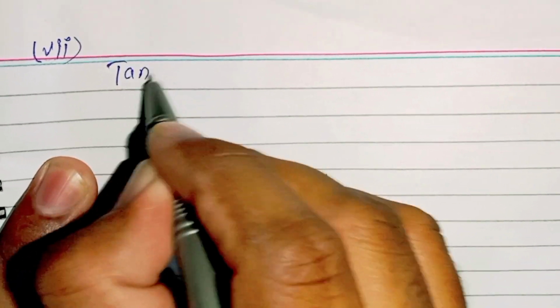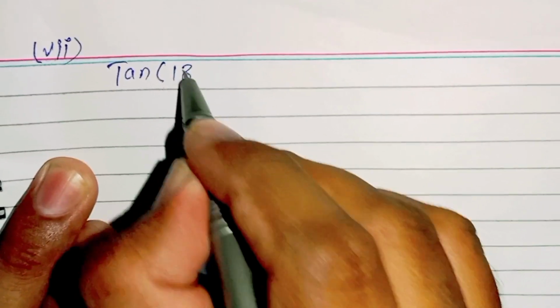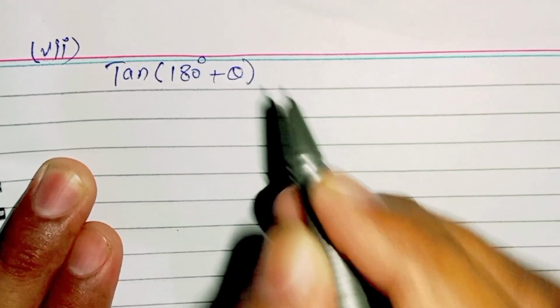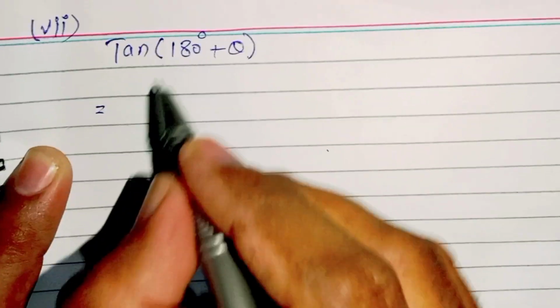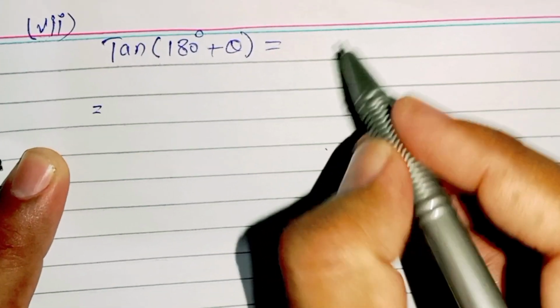Tan of 180 degree plus theta is equal to tan theta.